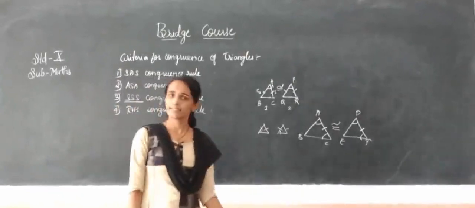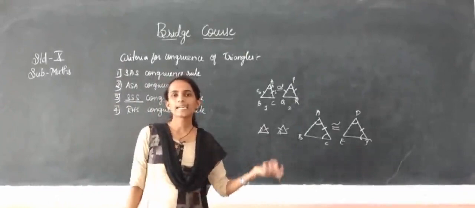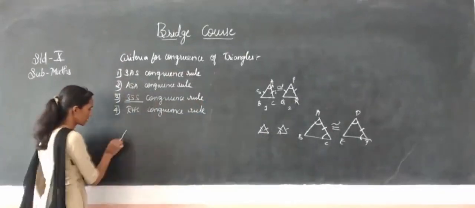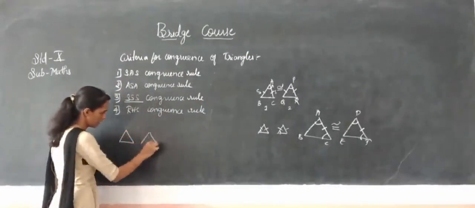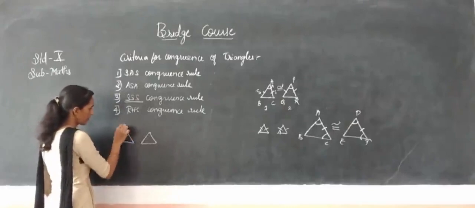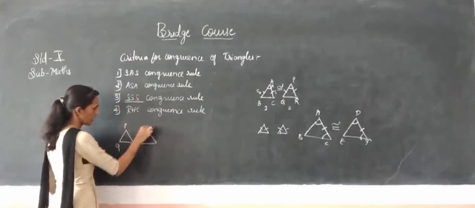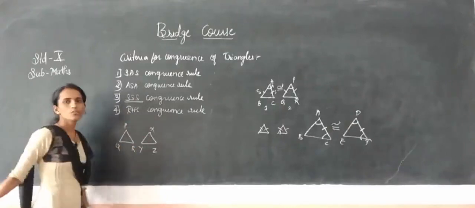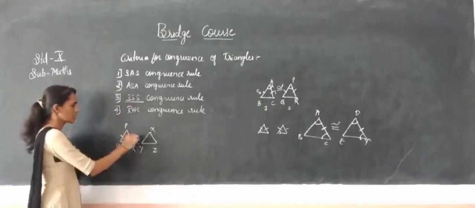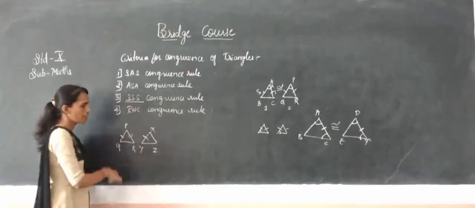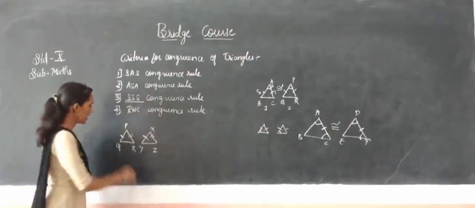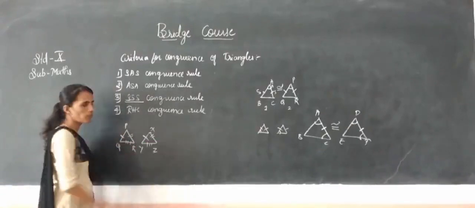SSS is a short name, meaning side, side, side, three sides. For example, triangles PQR and XYZ. In these two triangles, PQ is equal to XY, PR is equal to XZ and QR is equal to YZ.